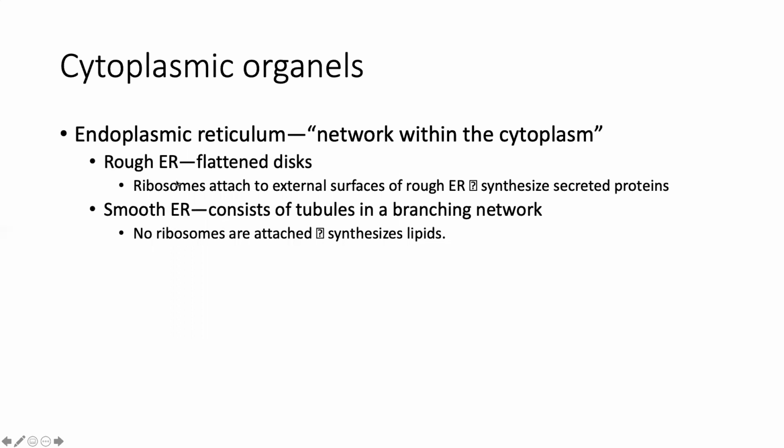Rough endoplasmic reticulum is a flattened disc, and the ribosomes we talk about are attached to its external surface, and it is for protein synthesis. And smooth endoplasmic reticulum, we call it smooth because there are no ribosomes attached, and it synthesizes lipid.